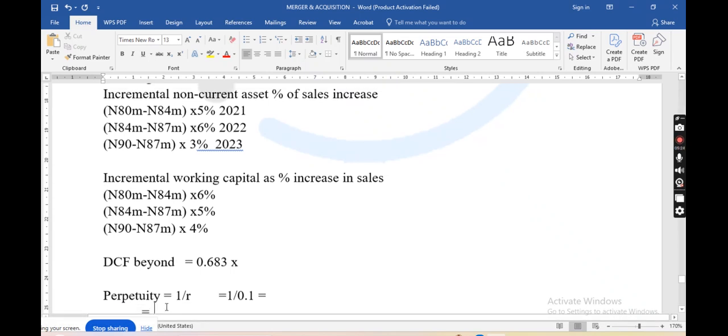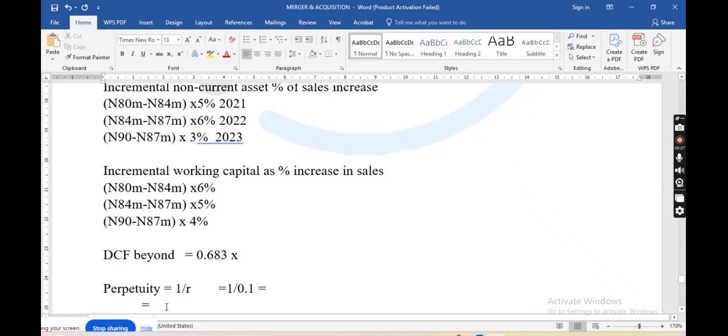What is the formula for calculating perpetuity, or the infinity formula? It is usually 1 divided by r, which is the discount rate of 10%. So this will give us 10, right?